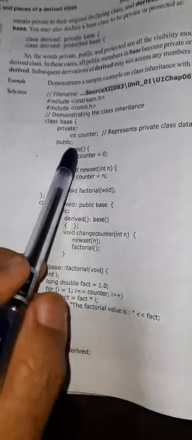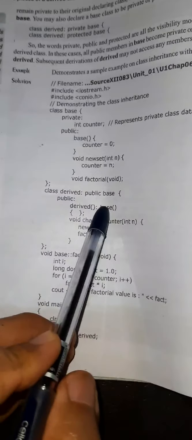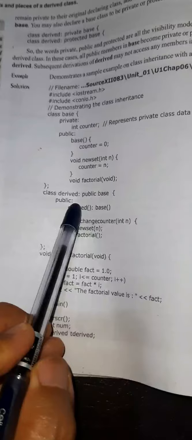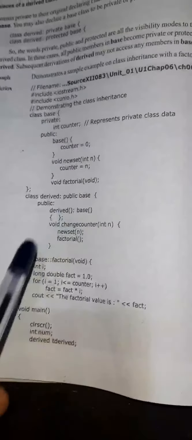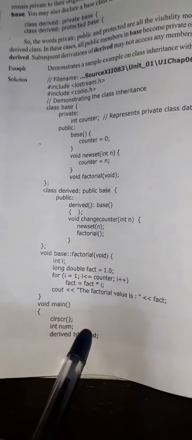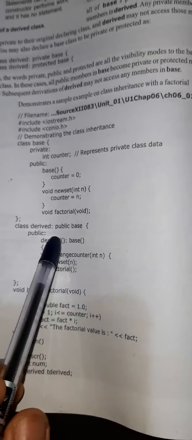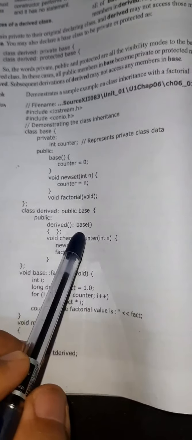This is the base class constructor that is linked with the derived class constructor. So that means when this object gets invoked, since this default constructor is written inside this class definition, the base constructor gets invoked. The base class default constructor gets invoked inside this derived class.